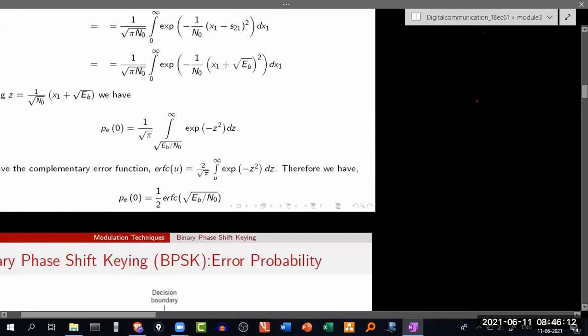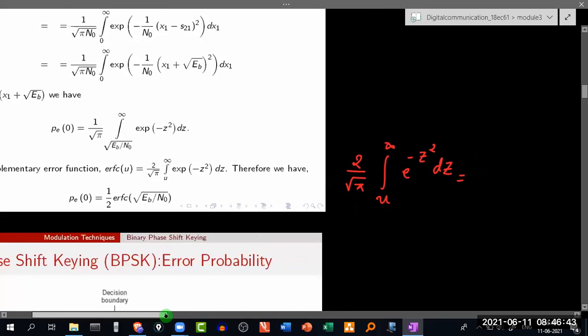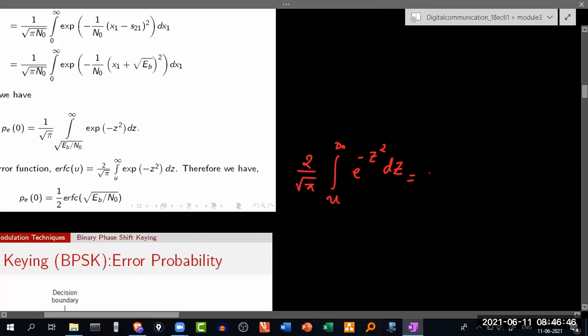Let me take you back here. If we have any expression in this fashion, that is 2 by square root of pi integral u to infinity e to the power minus z square dz, if we have any expression of this form, I can call this the complementary error function.